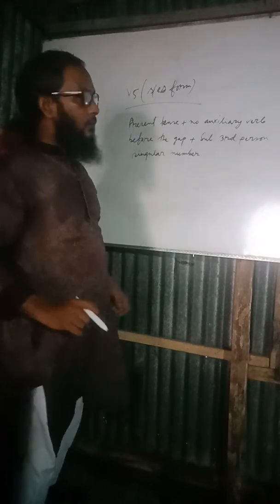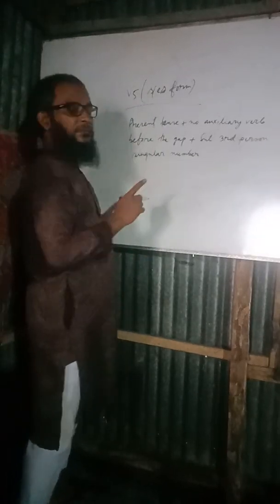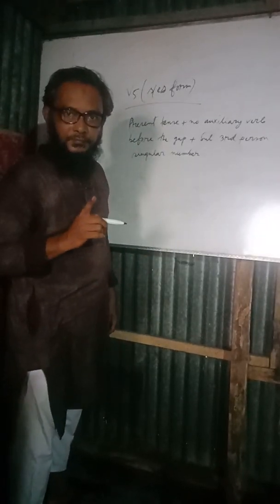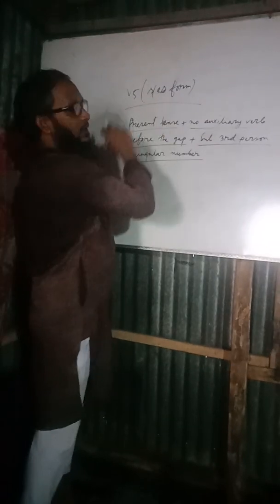Okay. Now listen to me attentively. If the passage is in present tense and if there is no auxiliary verb before the gap and if the subject is third person singular number, then you should put V5 or S or ES form. Okay.